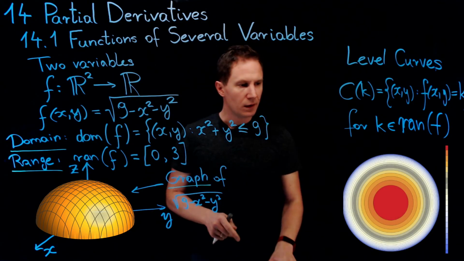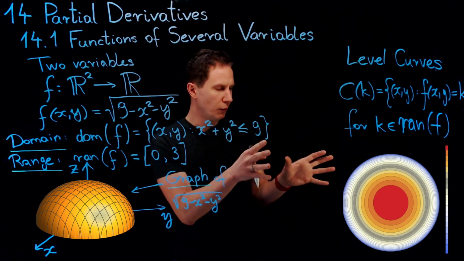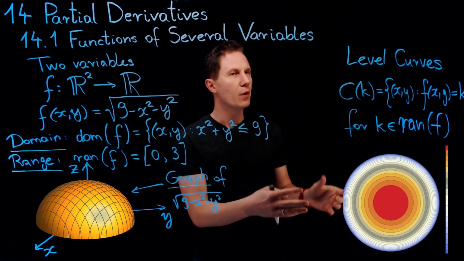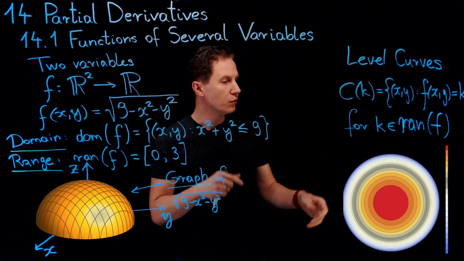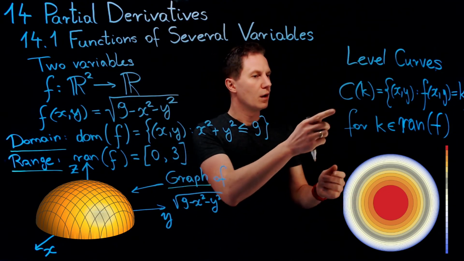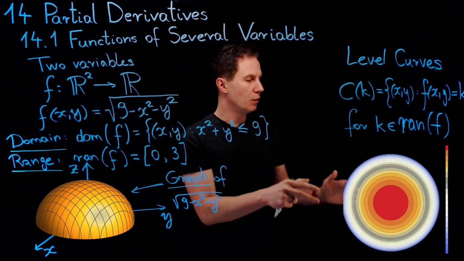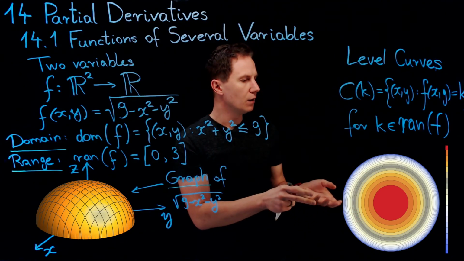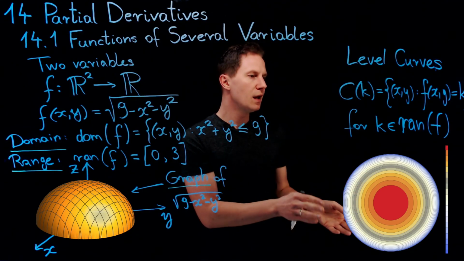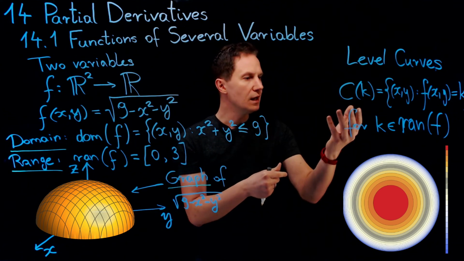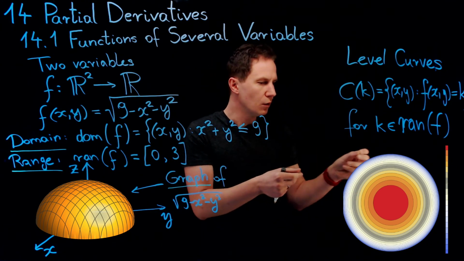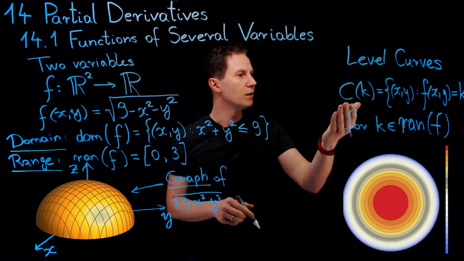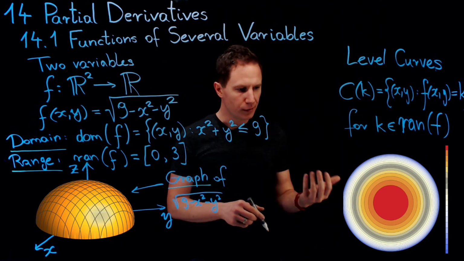And this is what the level curves or the contour map of this function looks like. It's concentric circles around the origin, with C0 being the boundary circle of radius 3, and C3 being the innermost circle, which is actually just a point, the origin, at which the function takes the value 3.